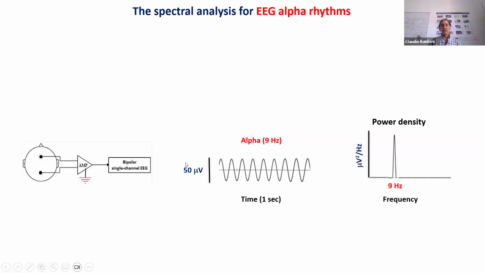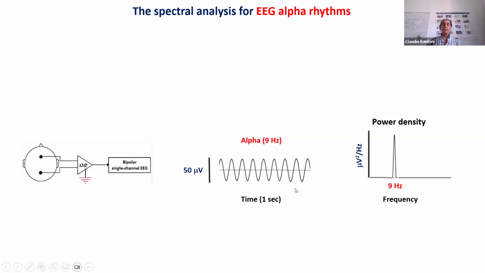And you see here a sketch of EEG activity at 9 Hertz within the alpha band, from 8 to 12 Hertz, for 1 second.